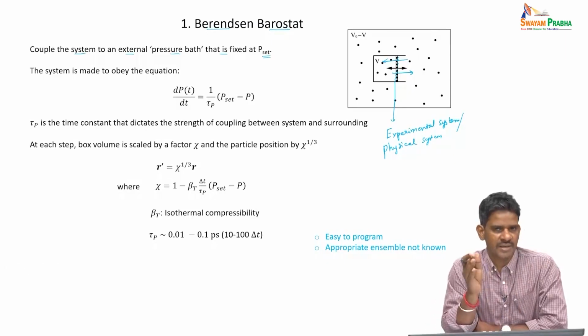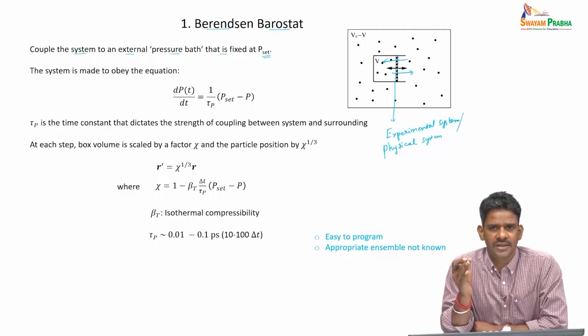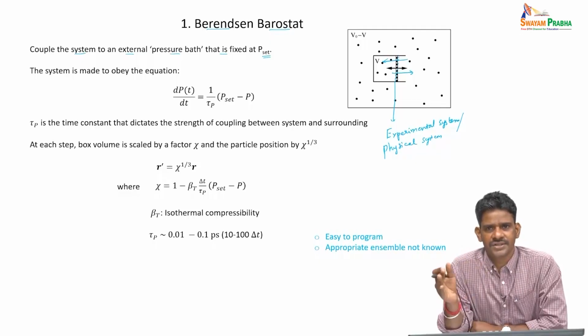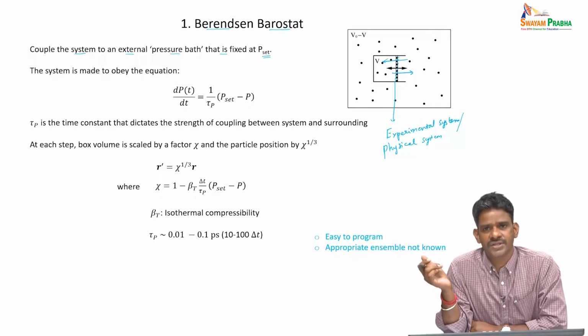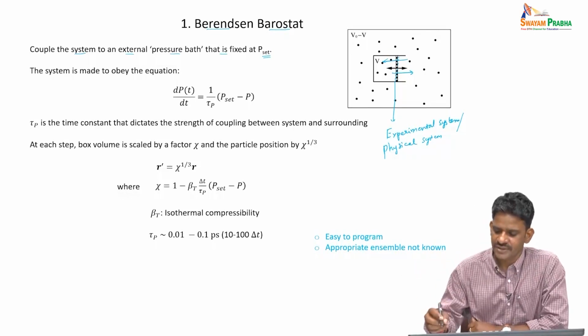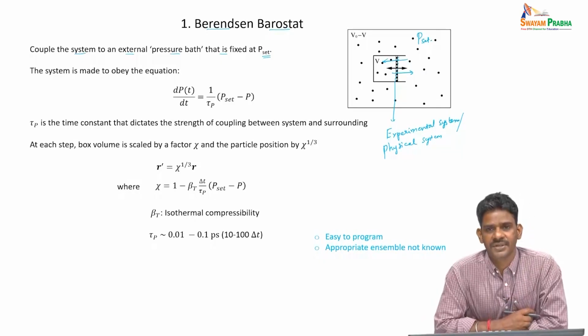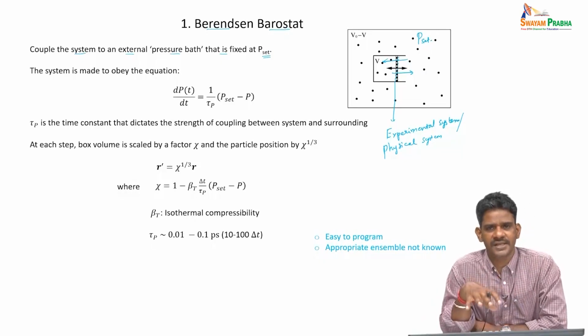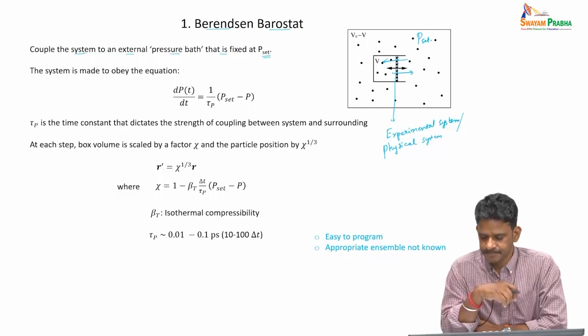So we are basically looking at a process where one of the walls of the system acts as a piston, and it adjusts its volume so that the pressure remains constant. But throughout this whole process, the pressure of the reservoir is always kept at P set. So this basically says how we would construct an experimental system to maintain a constant pressure.